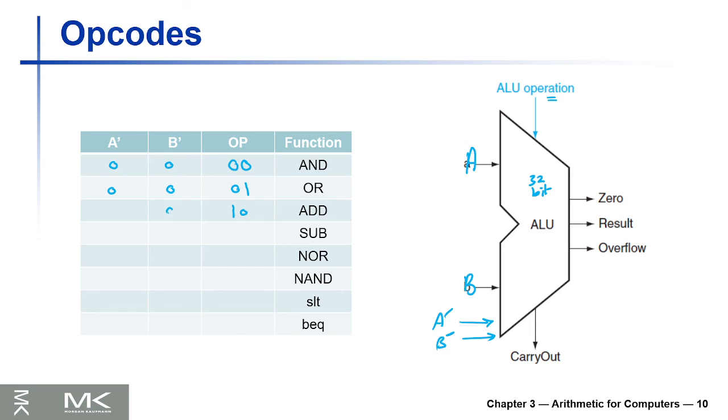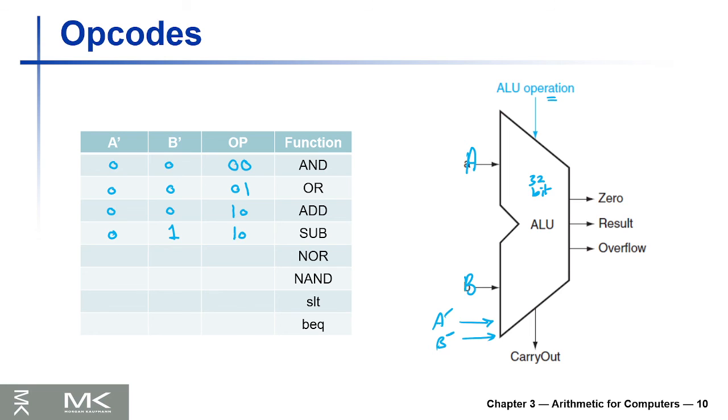Again, we don't need B complement or A complement. Subtraction will use the same adder as the addition, so it has the same opcode. But the difference is that B should be inverted. We should use not B. But A is the same, we don't need not A.